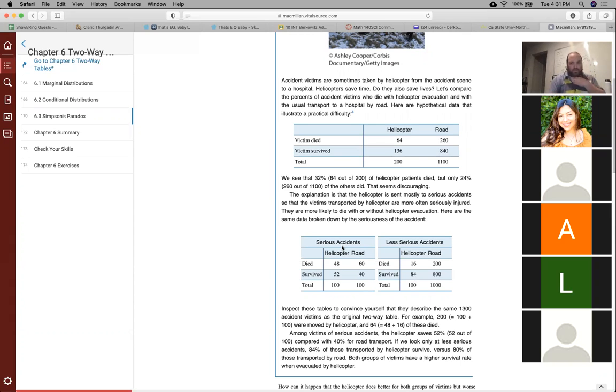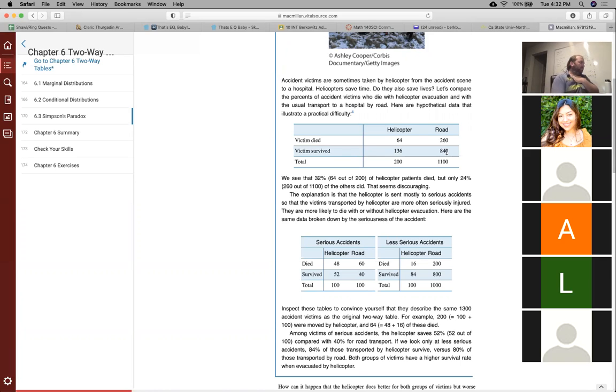But overall, a higher percent survived that went by road when we combine them together. When we look at the less serious by themselves, a higher percent of helicopter people survive. When we look at the serious by itself, again, more helicopter people survived in percents. But when we lump them all together, more road people survived.